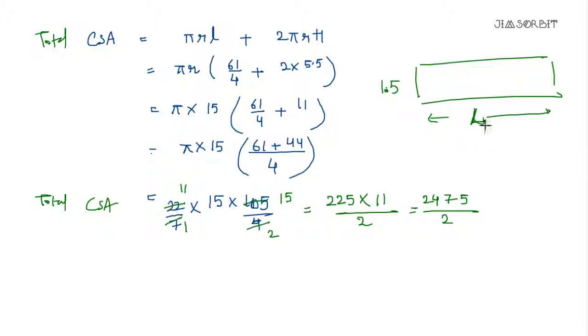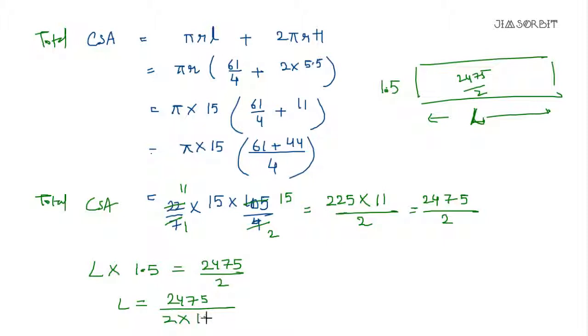The area we know now. How much will we need? 2475 by 2. So this area should be equal to this area. So length into width should be equal to 2475 by 2. So length will be equal to 2475 by 2 multiplied by 1.5.